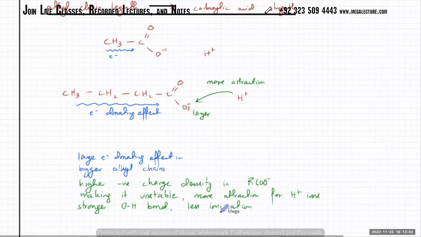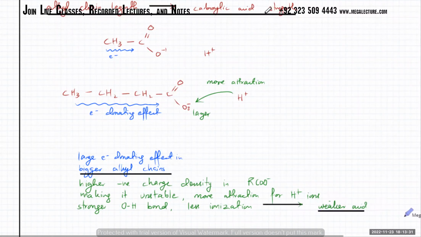Hence, it's going to be a weaker acid. So main takeaway is कि bigger alkyl chain, you got a weaker acid. ठीक है, bigger alkyl chain, and you eventually end up with a weaker acid.